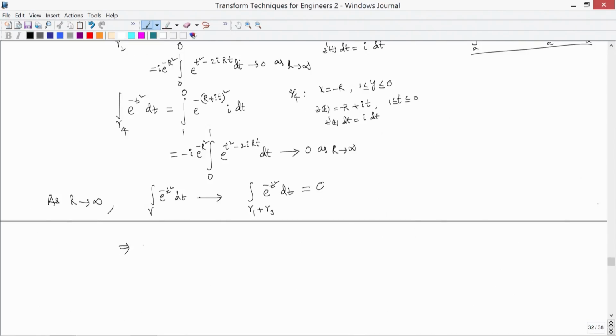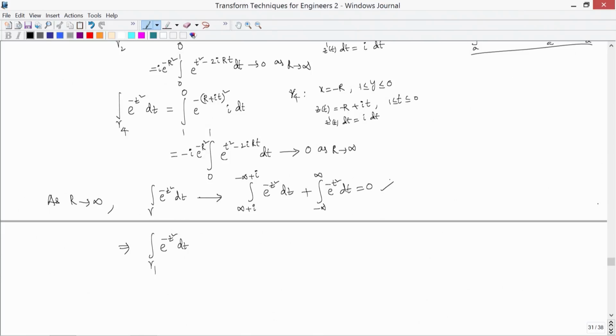This means the integral over gamma 1 of e to the power minus z squared dz converges, as r goes to infinity, to minus the integral from minus infinity plus i to infinity plus i, plus the integral from minus infinity to infinity of e to the power minus t squared dt, equal to 0.